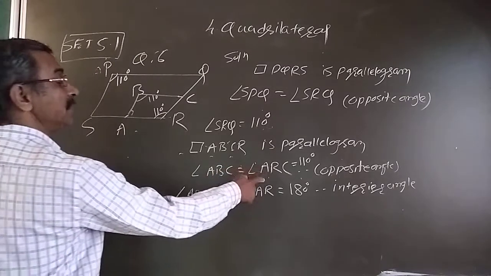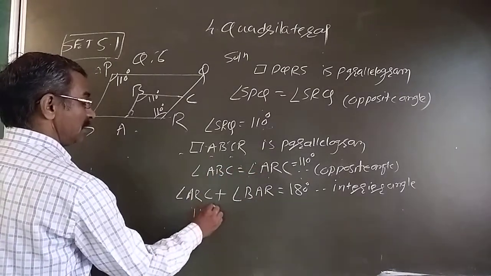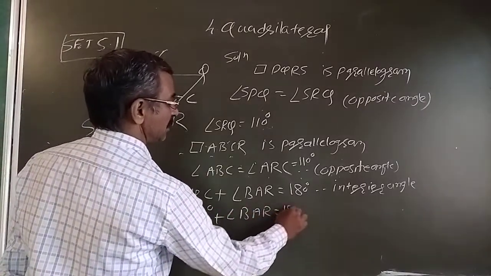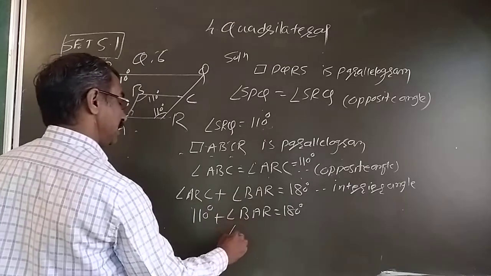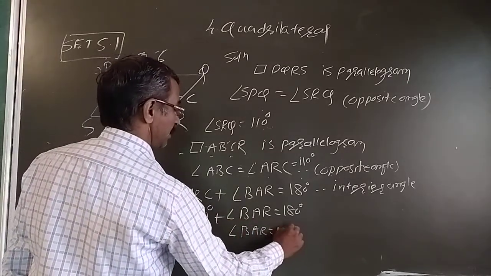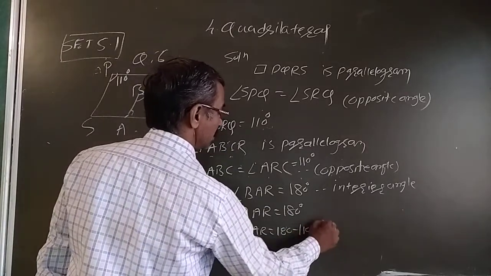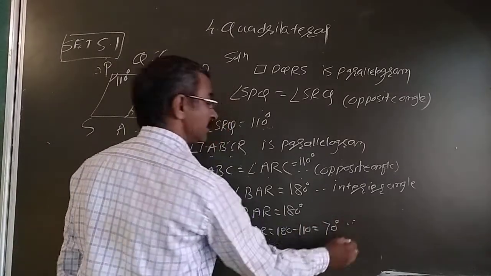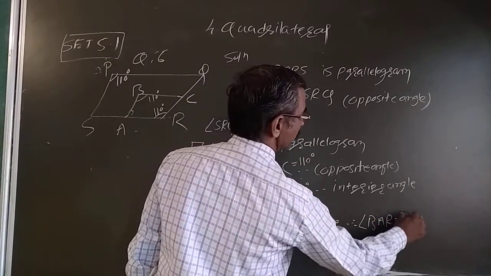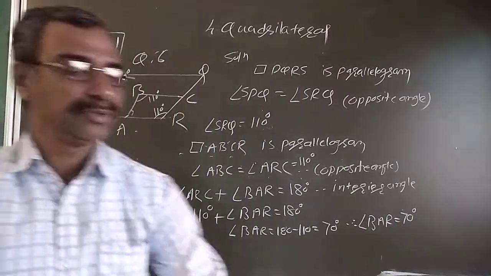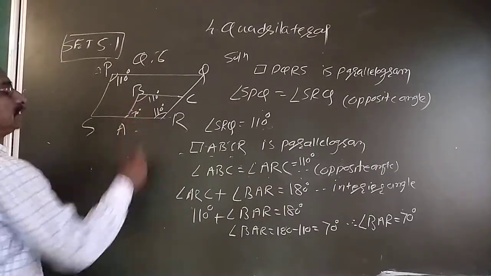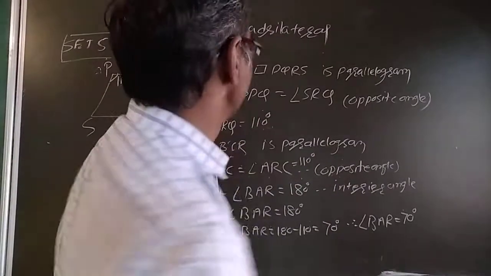By putting the value of ARC, that is 110 degrees, and BAR we do not know, is equal to 180 degrees. By transposing, BAR is equal to 180 minus 110, which is 70 degrees. So we get the angle BAR is equal to 70 degrees. So this interior angle we found is 70 degrees.